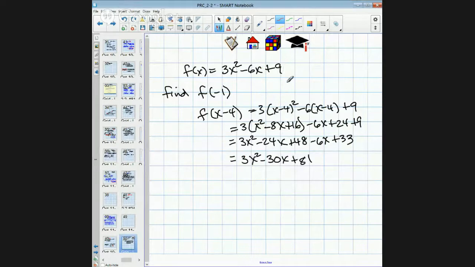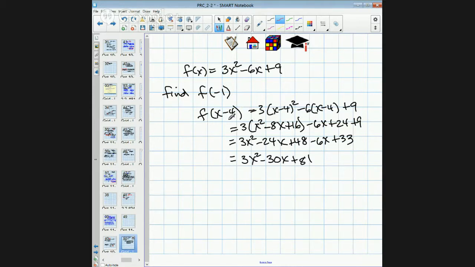This is not a specific problem, but there are problems like it. If this is the function, 3x squared minus 6x plus 9, can you find f of negative 1? Sure, you just take negative 1 and plug it in for x. Then you could just crank it out, do the arithmetic, right?